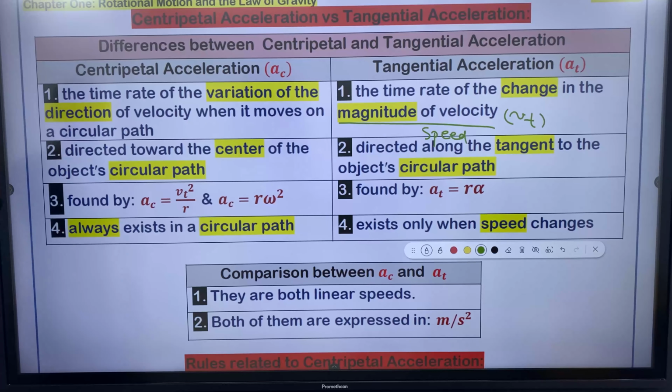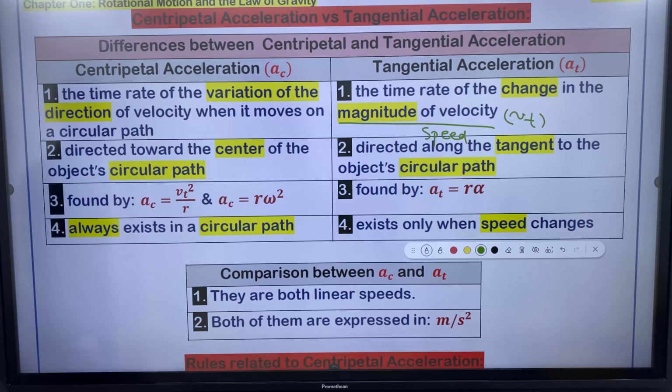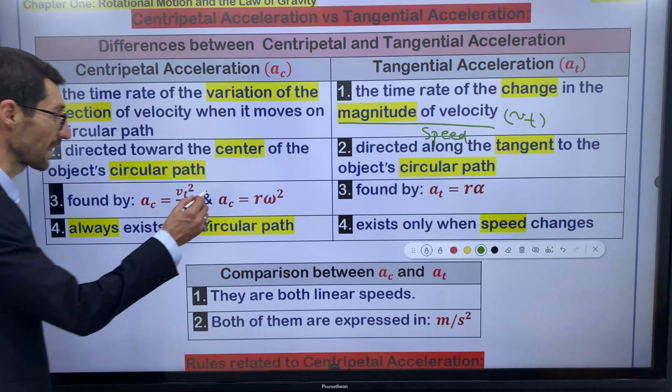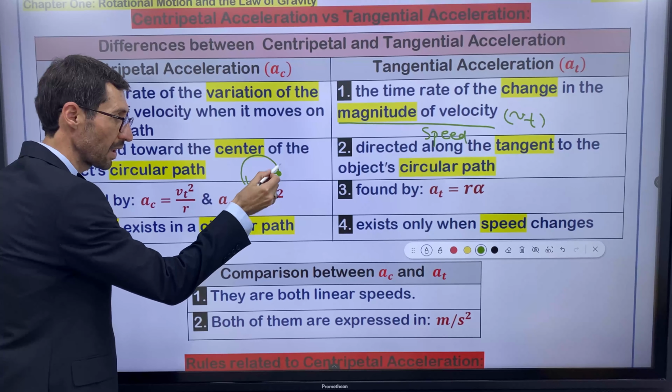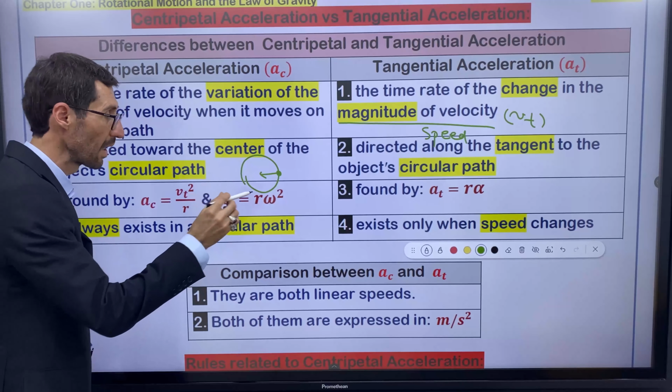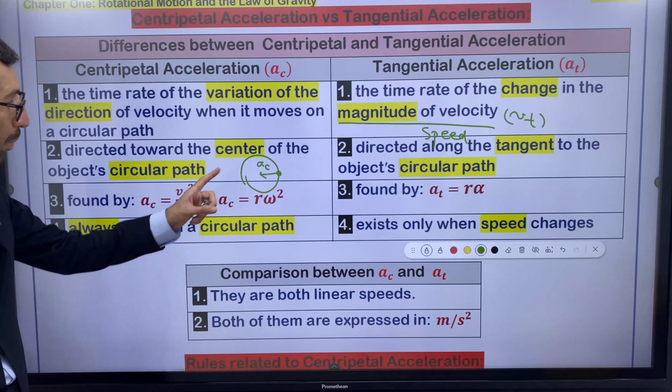The second difference. AC is directed toward the center of a circular track, like this, right? If there's a particle here, the acceleration of this particle points toward the center.